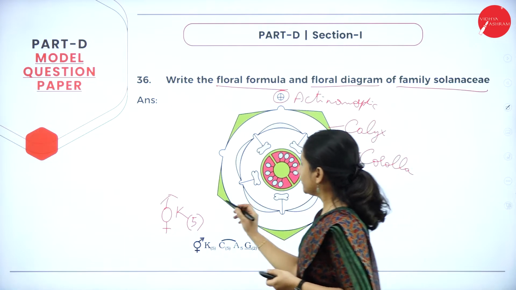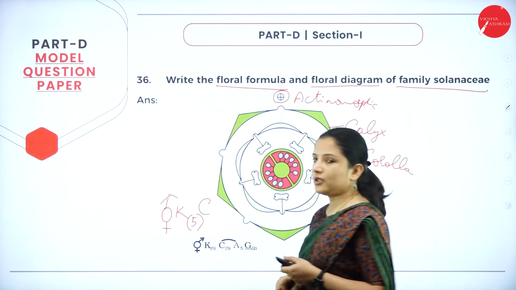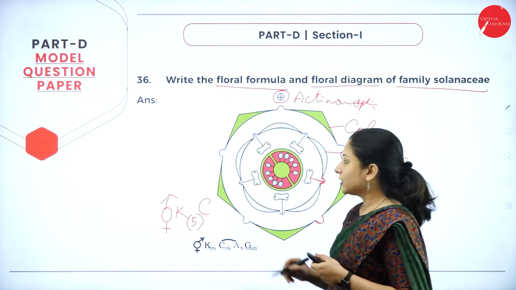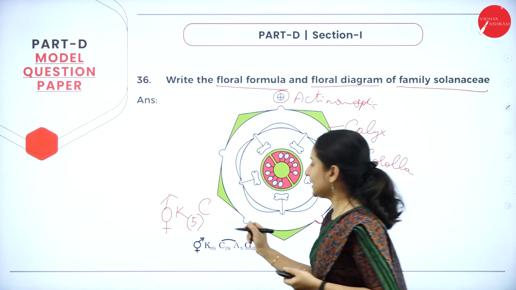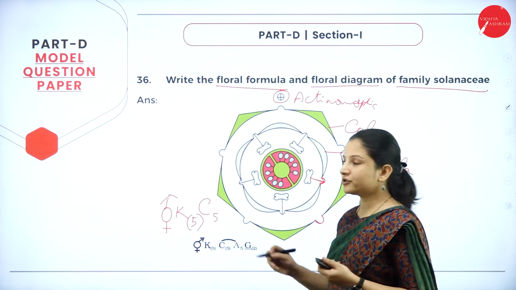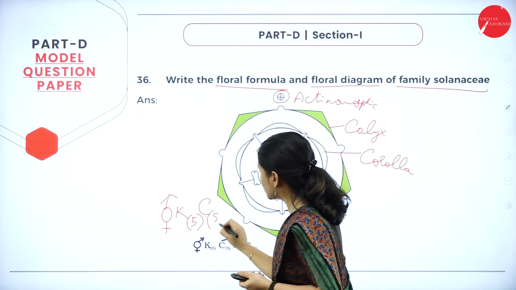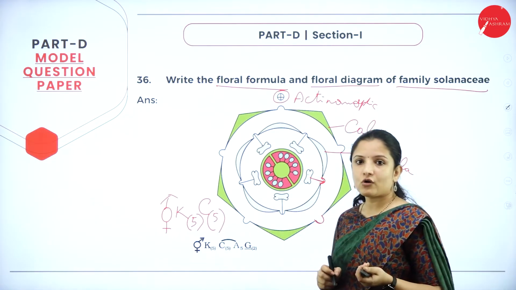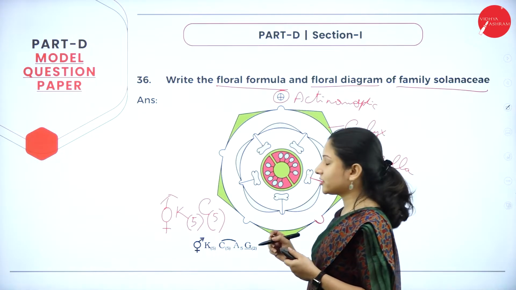Next, you go in for writing the corolla. The corolla symbol is C. Again, how many petals are there? 5 are there. Are they free or fused? They are fused, so you'll write it in a bracket. Next, moving on to the male reproductive part, the androecium.